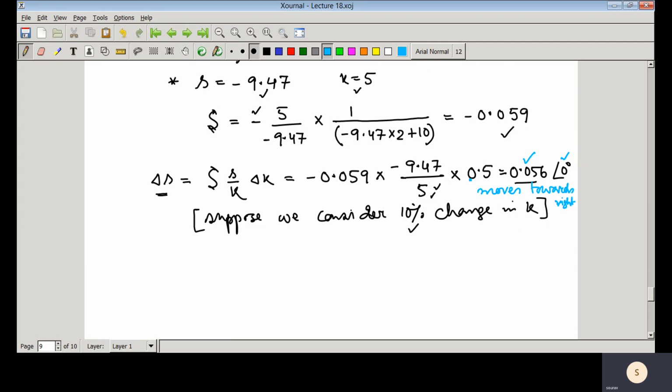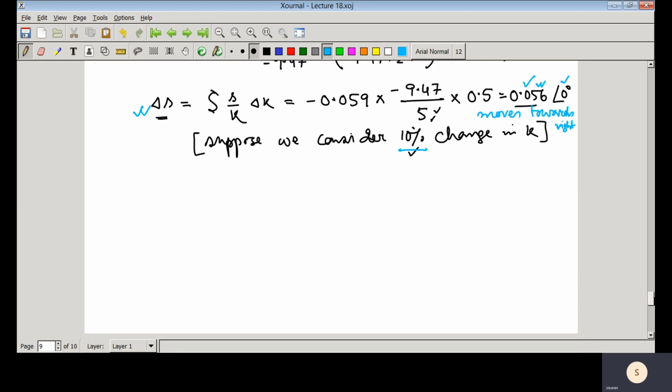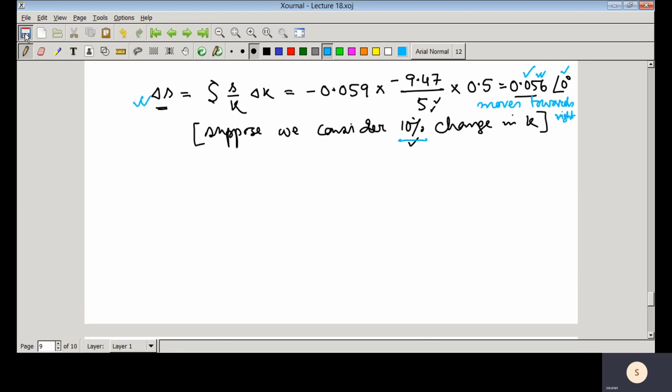So whenever you take a 10% change in K, the closed loop pole will change towards the right with this particular value 0.056. So from root sensitivity you can calculate in the root locus how much change there would be. Similarly, if you take some other value of K and you get s equal to complex, then just by applying this formula you can easily find the change. So this is called root sensitivity.